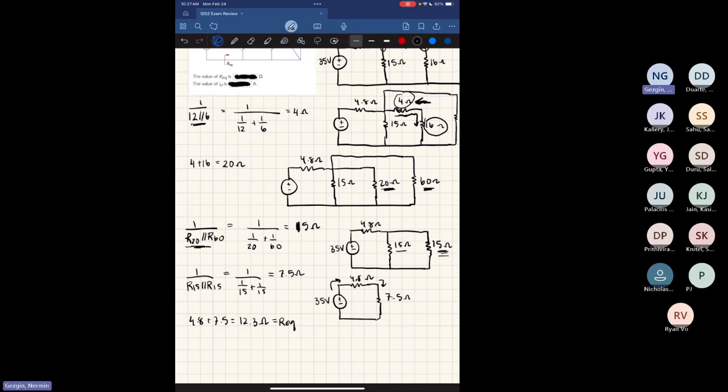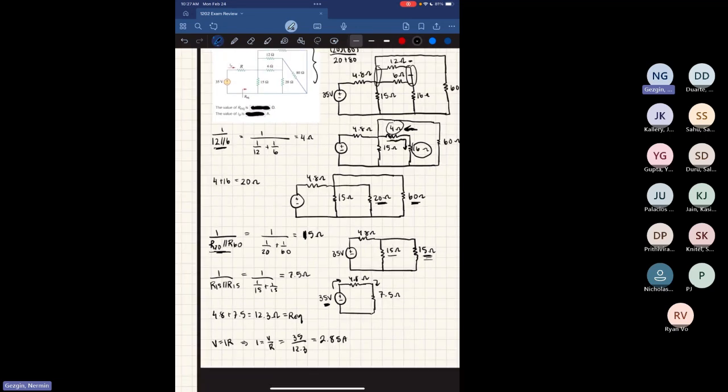Now to find the current, we just use Ohm's law. V equals IR. We rearrange this so we have I equals V over R. Our V here is the 35 volts, so we put that on the numerator, and the denominator is the equivalent resistance that we just found. So we divide by 12.3 ohms, and this will give you 2.85 amps.